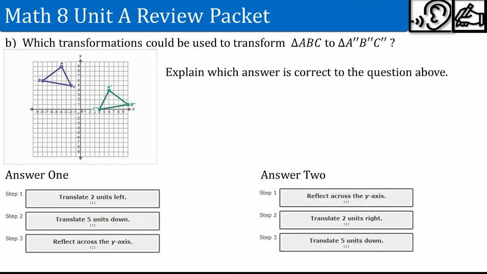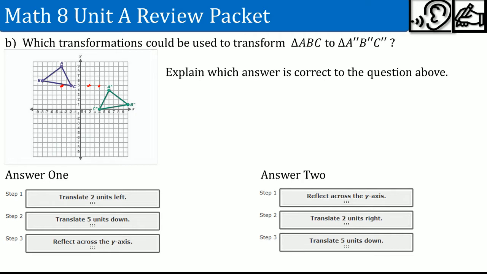Translate left. So 1, 2. Okay, then it flip flops. 4, then it goes down. So that works. Reflect over the y, 2 to the right, 1, 2, and down 5. Yeah, it works. So whichever one you do here.